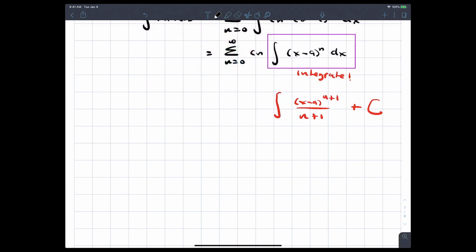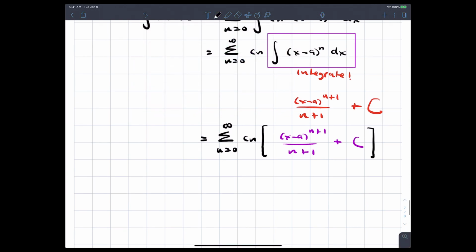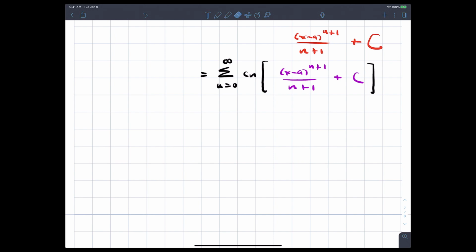So let's put everything together here. You've got the summation, n is 0 to infinity, Cn, we don't have that integral sign, we already integrated. And we get the following: x minus a to the n plus 1 over n plus 1. And you say, well, what about this c here? There's a c there. If you're looking back at the book, you say, okay, what does this theorem say?